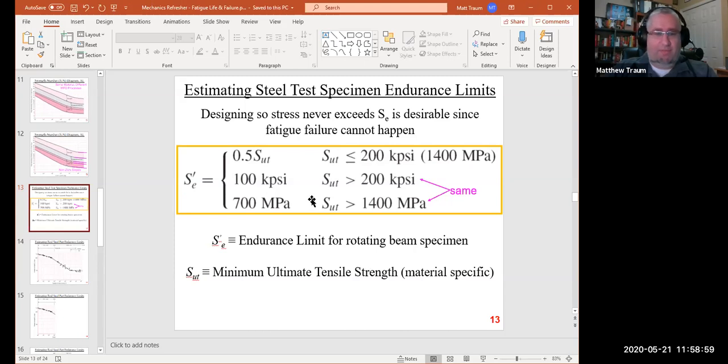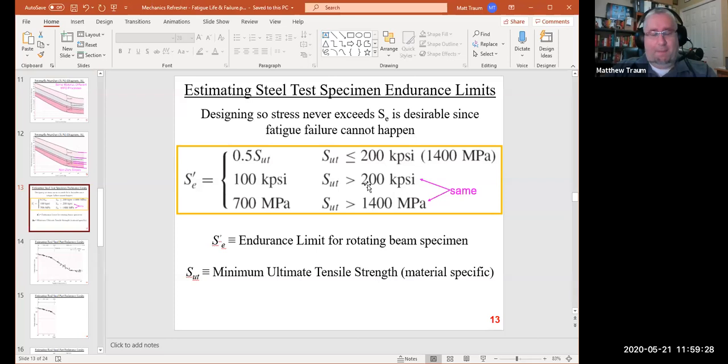If your ultimate tensile strength is below 200 kpsi, oops, sorry, I've got that backwards. Yes, below 200 kpsi, then you just use 1.5 times the ultimate tensile strength, and that gives you S prime E. If it's above 200 kpsi, then you just use the value of 100 kpsi.